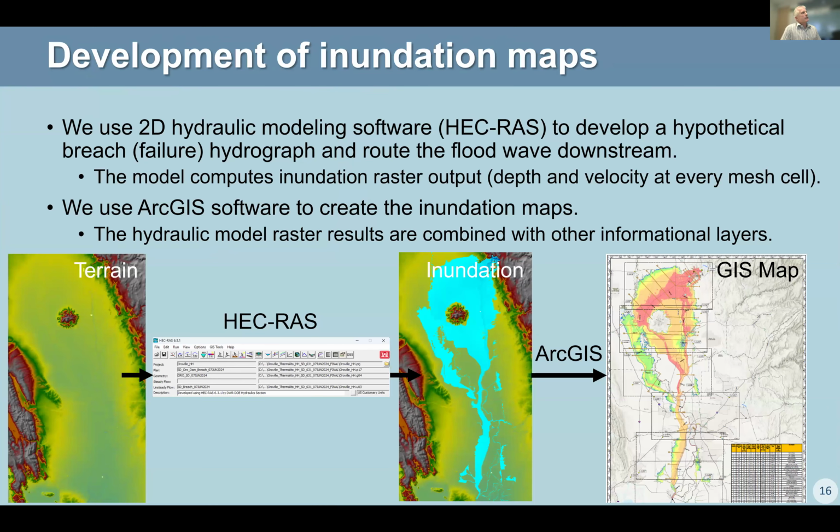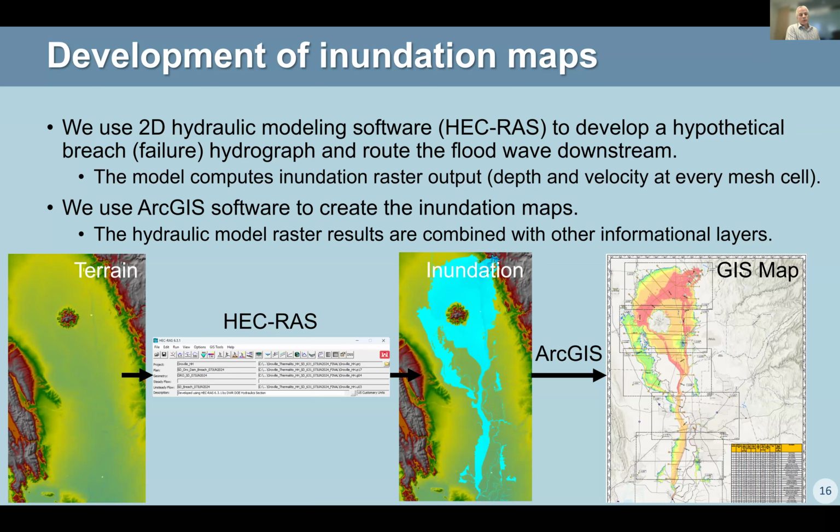So let me talk a little bit about how we develop these maps. Today we use hydraulic modeling software. It's really HEC RAS. In order to develop the maps the way we do today, we need good terrain data. And fortunately, we have that. Over the last 10, 15 years, the availability of detailed terrain data has exploded.